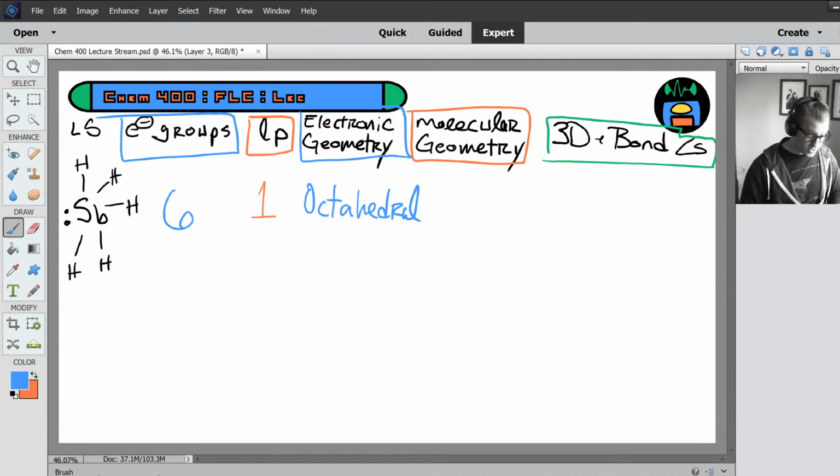Once you know the electronic geometry, you can begin drawing your structure because every octahedron is the same. And I'm going to draw it like so.